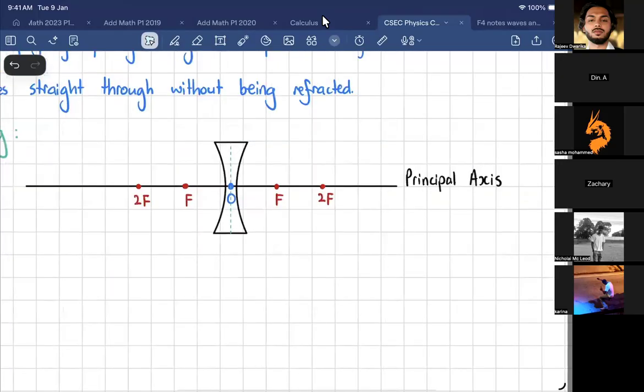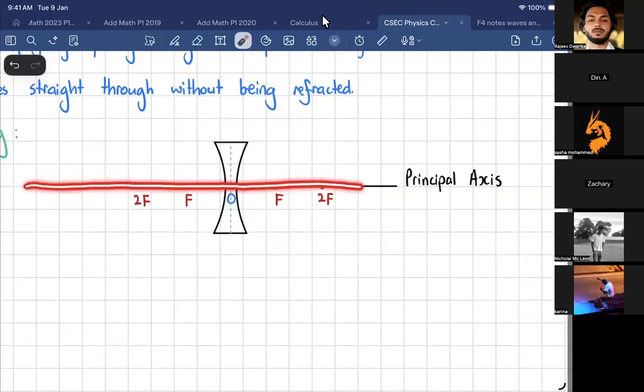So, Nikolai, can you see that we have a line passing straight through the optical center and it just keeps going? Yes, sir. We call that the principal axis. Now, all length is taken with reference to the optical center and any distance along the principal axis.